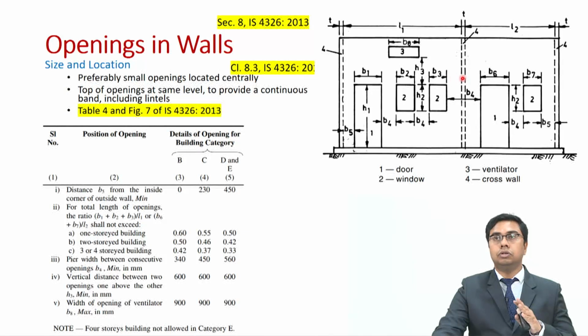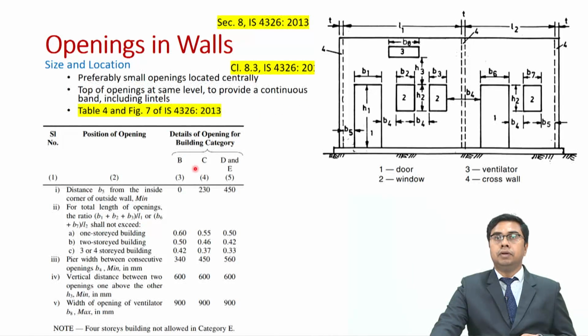We have learnt about horizontal bands earlier, which are usually provided at lintel and sill levels. At sill levels, we provide bands only under the windows, but the lintel level band, we hope that it should be continuous. So, that is why we want the top of the openings to be at the same level so that your lintel level band is continuous around the building.